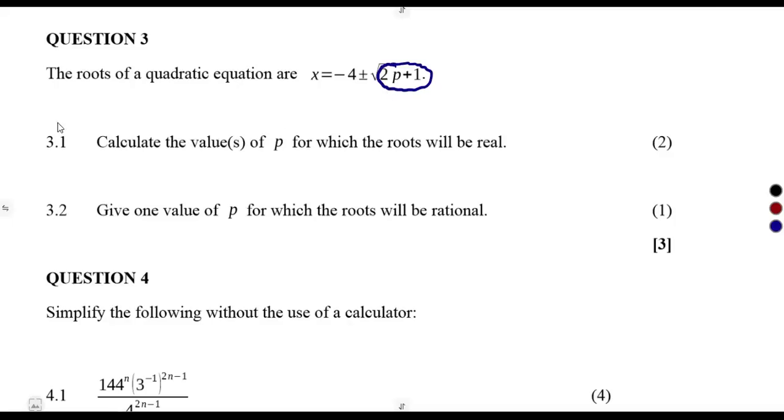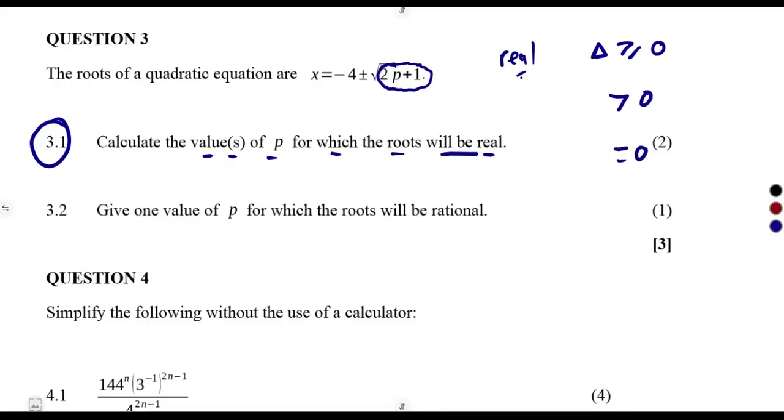They are saying on 3.1, calculate the value or values of p for which the roots will be real. As long as it's a real solution, what is the condition? Our delta must be greater than or equal to 0 for us to have any real solution. It can be greater than 0 or equal to 0.